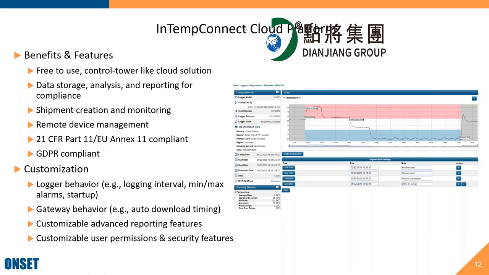So anytime you're talking about the gateway or using one of the mobile apps, we are saying that the loggers have to be in range of those devices. But if it's in range of a gateway, if you need to do an off-schedule download to do some additional analysis, you have that ability. It is a 21 CFR Part 11 EU Annex 11 compliant solution, and it's also GDPR compliant.